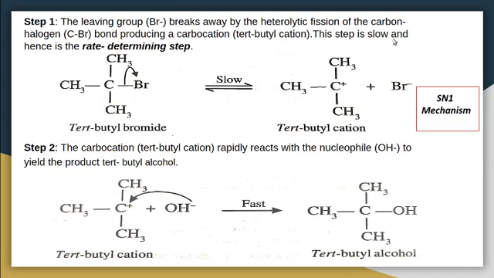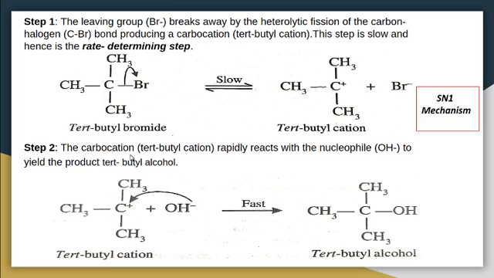This step is slow and hence is the rate determining step. So here you can see the tertiary butyl bromide undergoes heterolytic fission of the C-Br bond, forming the tertiary butyl cation, in a slow step, that is the rate determining step.